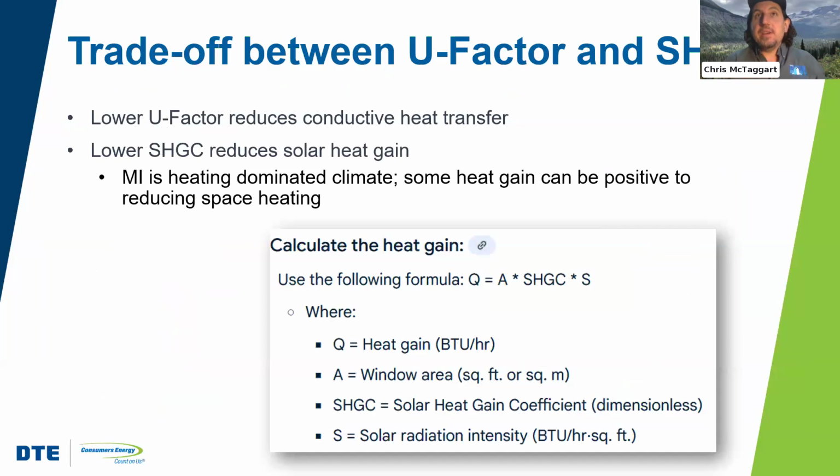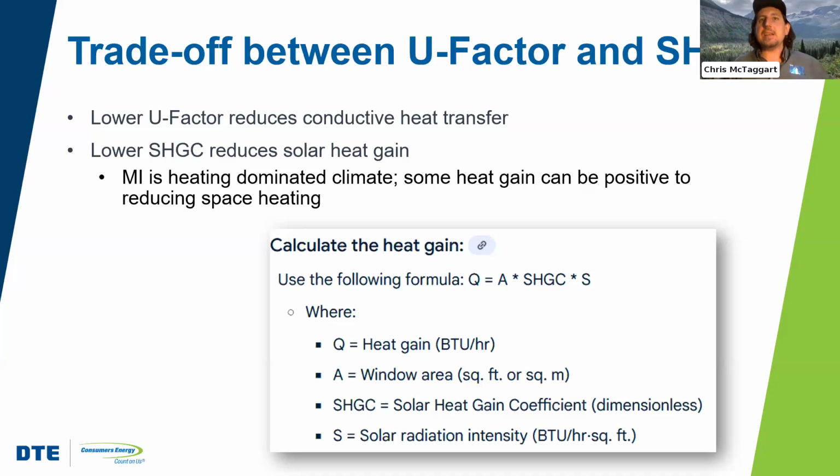Again, there's a trade-off between U factor and SHGC. I don't want you to walk away from this webinar thinking that all we need is low SHGC windows in Michigan because they're going to reduce space cooling. Why? Because there's more to it here. In Michigan, we are a heating dominated climate. Some heat gain is useful.